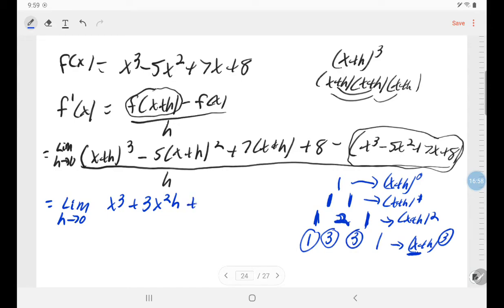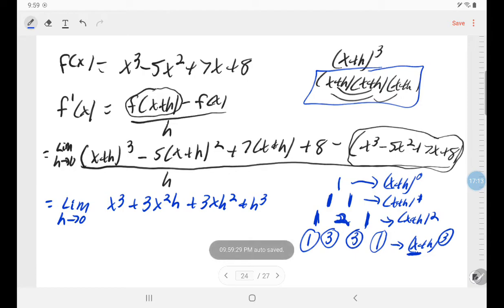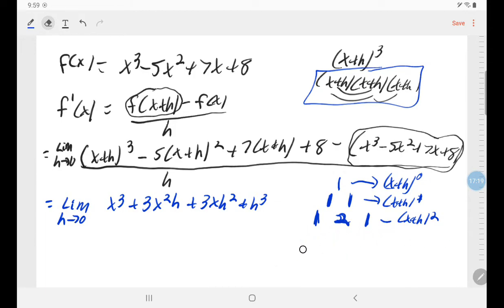This 3 is the same thing. I had 3x squared, lose a power of x, add a power of h, and then this 1 is just h cubed, which is exactly what you'd get if you were to distribute that, well, 2 or 3 times, whatever the case may be. Now, that's just doing the cubed part, which I know made you happy.